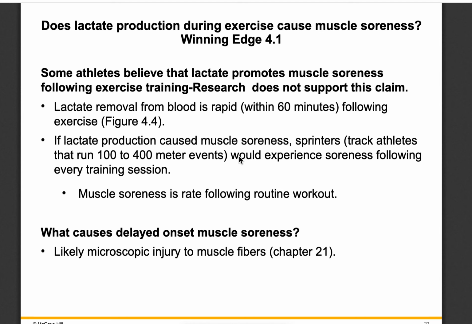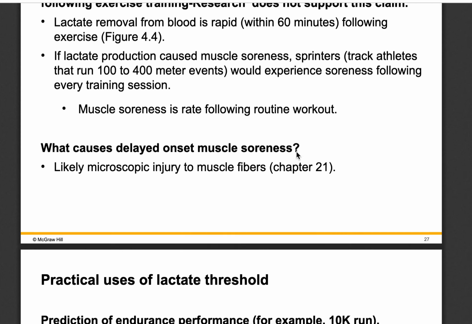And so we get sore from that because it releases some things in our body and hurts nerve endings. The body puts those back together stronger. And so that actually is what's causing us to build muscle mass and to get stronger and faster, these microscopic injuries. But we feel those. It's not coming from the lactate. It's coming from little micro tears in our body. And so that's one thing to note as we go forward.